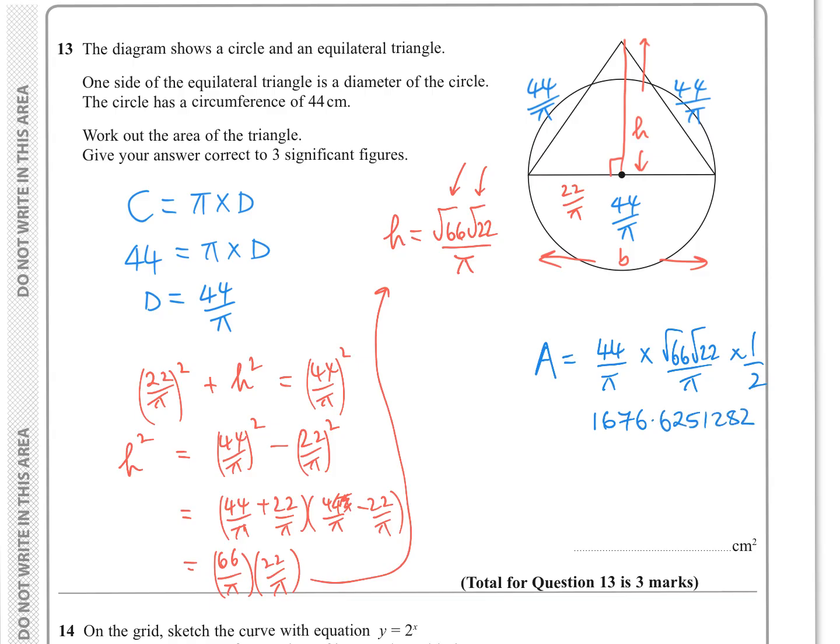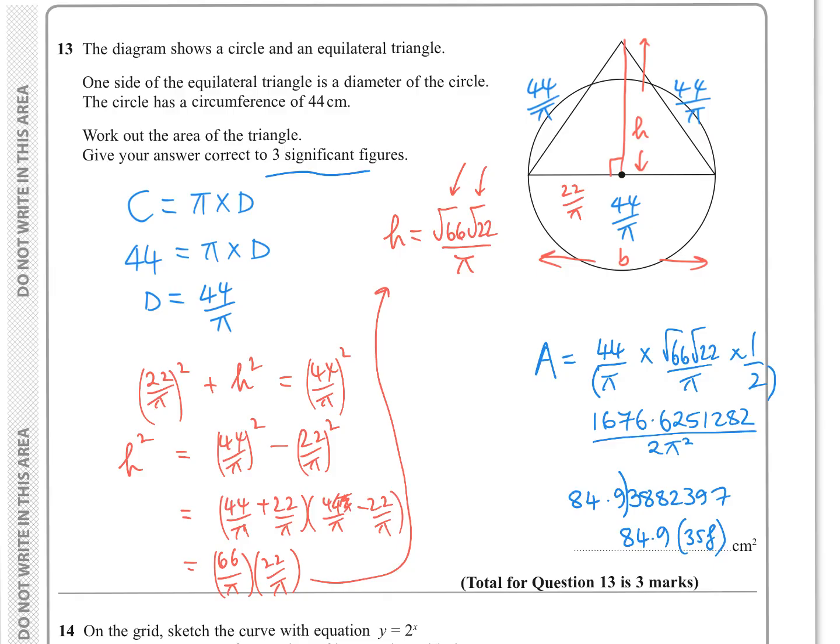Then I'm going to divide that by, open a bracket, don't forget, so I make sure that it divides by all of this, pi times 2, close brackets. Just so you know, I'm keeping that as 2 pi squared because I didn't show what that was. And my answer is 84.93882397. It wants it to 3 significant figures. So 84.9 centimetres squared, and that's to 3 SF.